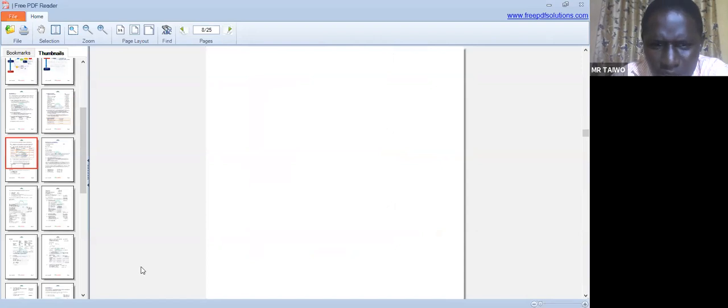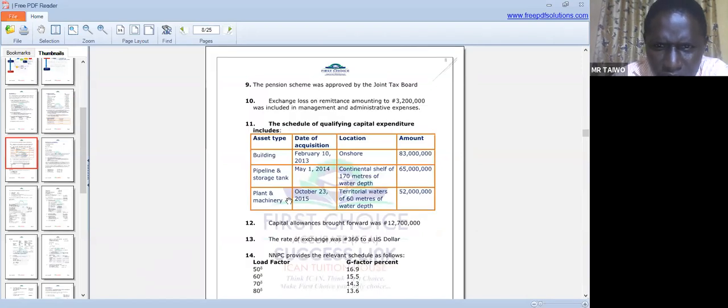Let's look at what they are giving in the question. It says, look at it, this piece of machinery is within 60 meters.